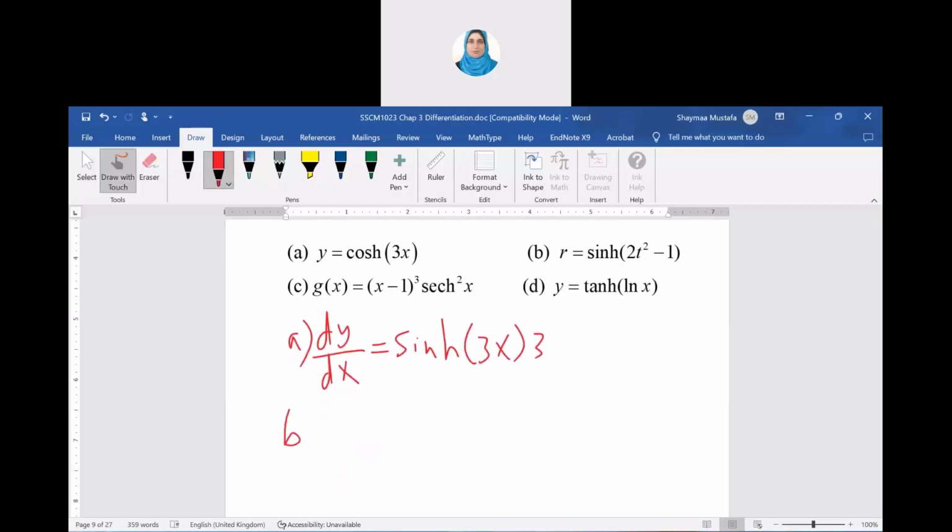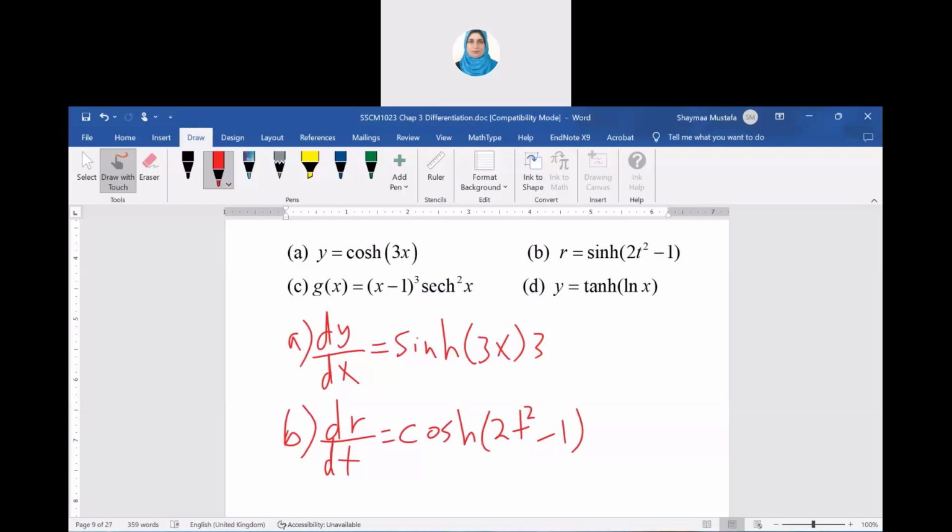Same for b. To find dr over dt, I will start, because this is also a composite function, a function inside a function. The derivative of sinh is cosh, of 2t squared minus 1. Don't change the function inside.